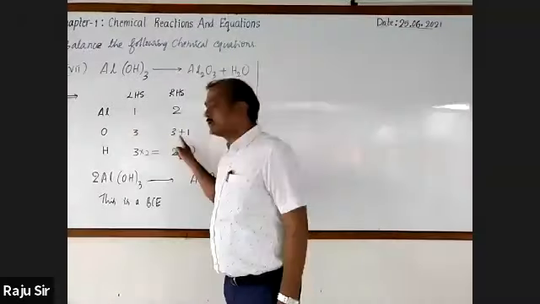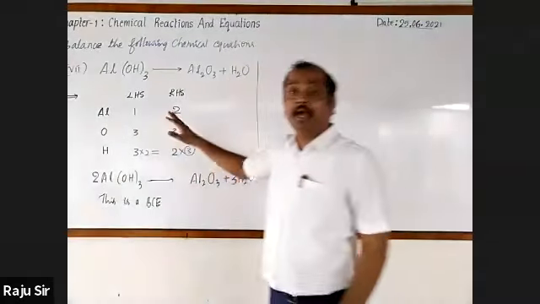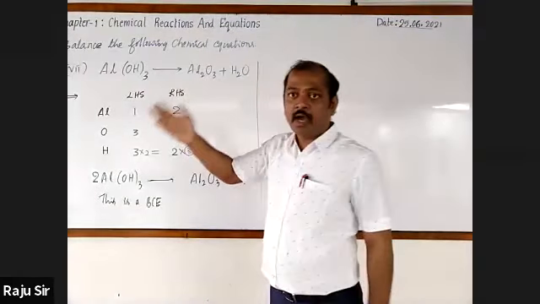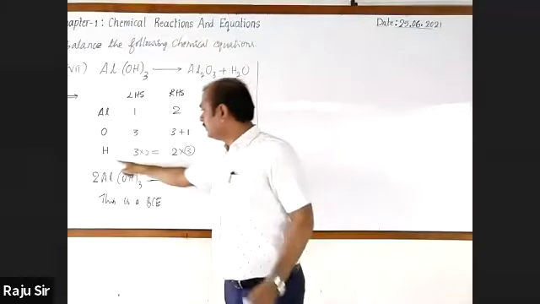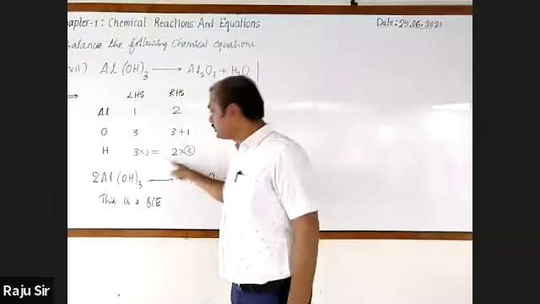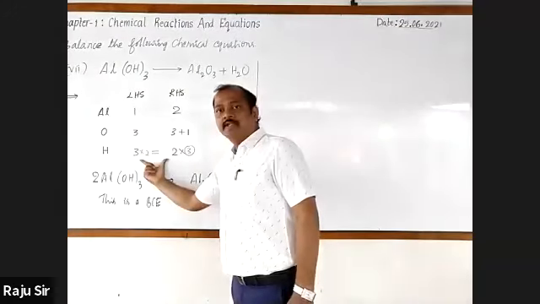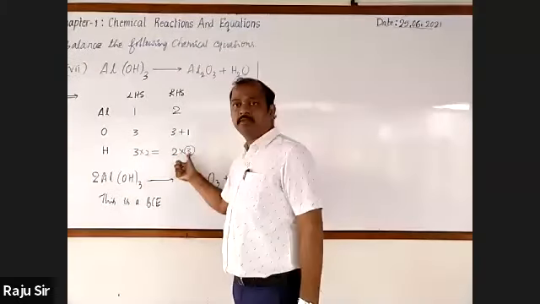Here, oxygen has more atoms, 4 are there, but the atoms are distributed to 2 compounds. That is why I go for the next element having the maximum number of atoms. This is hydrogen. Hydrogen has 3 atoms. Now, to balance it, 3 should be multiplied by 2 and 2 should be multiplied by 3.